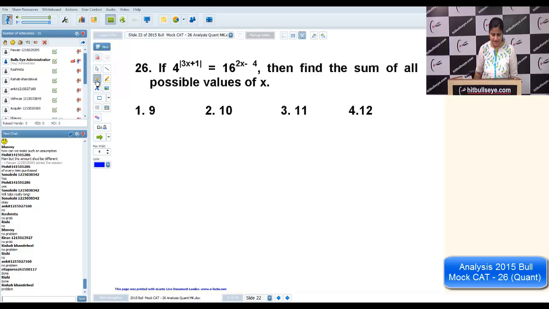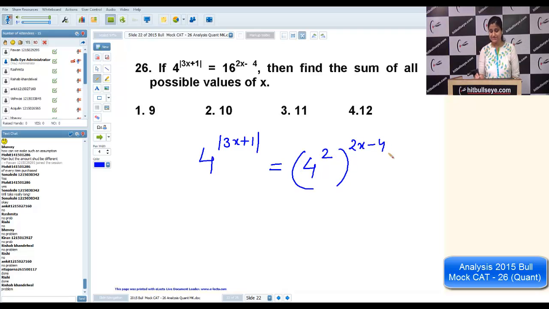Yes, Rishabh. It says an equation is given. That equation can be written as this thing. Whenever bases are same, we can equate the powers. So we'll get 3x plus 1, its modulus, equals 4x minus 8.